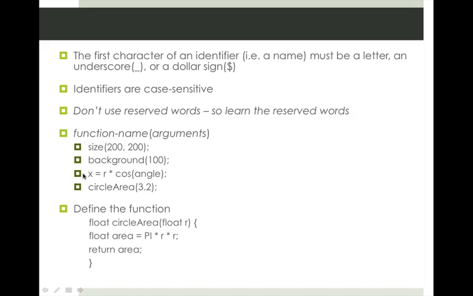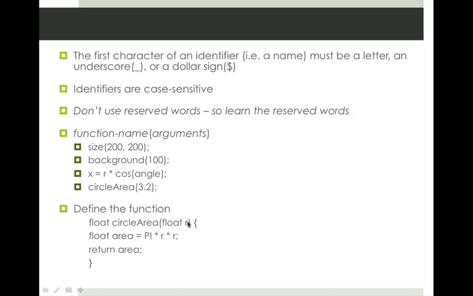So these are some examples of functions: size, background, cos, circle area. These are all different syntaxes of the function. Before we use the function, we need to define the function. As you can see, this is your function name, followed by the arguments. In this case, it has an argument which is float r.